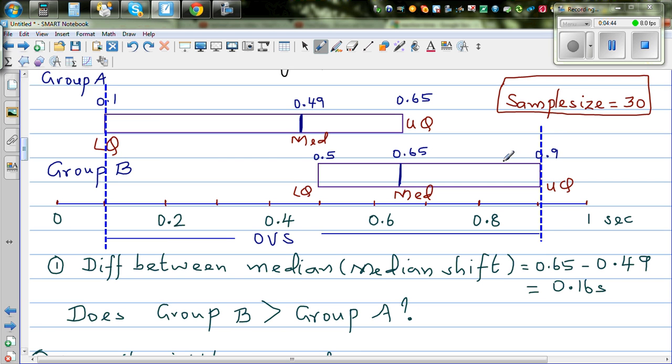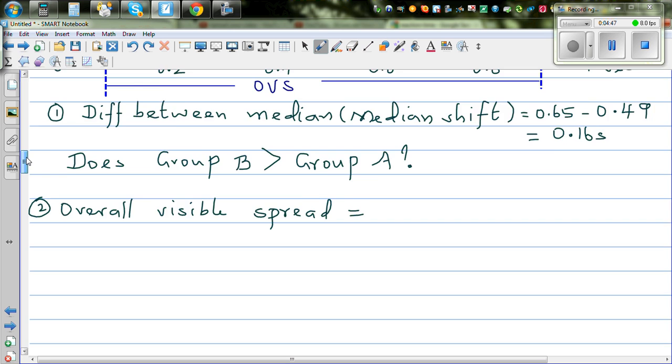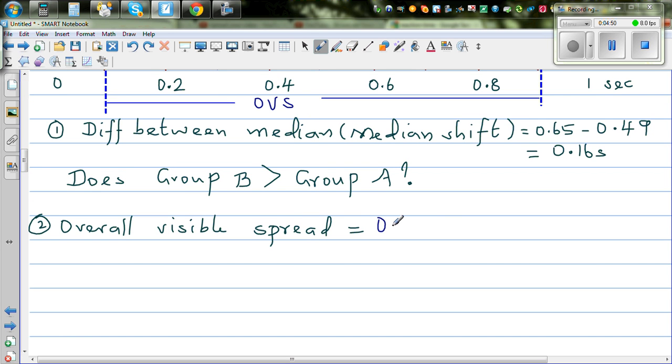So that is 0.9 minus 0.1. That is easy, 0.9 take away 0.1. So the overall visible spread is 0.8 seconds. Now we are asking the question, this median shift is how much percent of the overall visible spread.